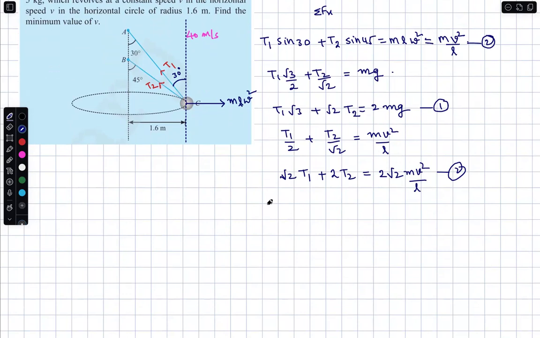You can make it smarter like this also: T1 plus root 2 T2 is 2 mv square by L, equation 2. The objective is that I can do 1 minus 2.